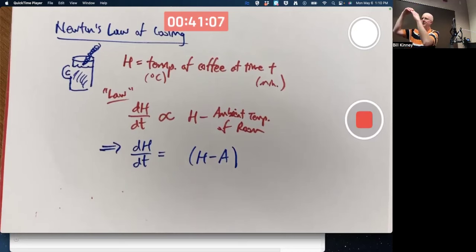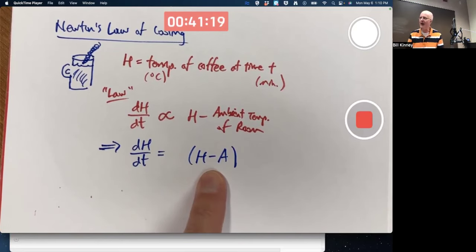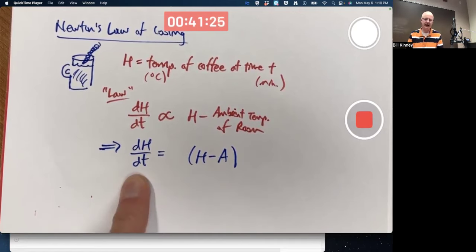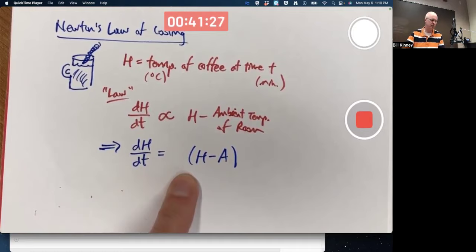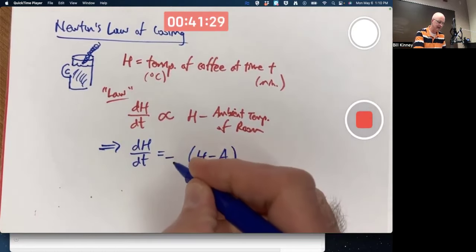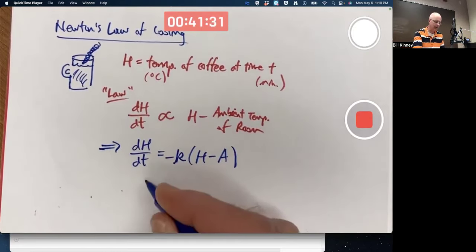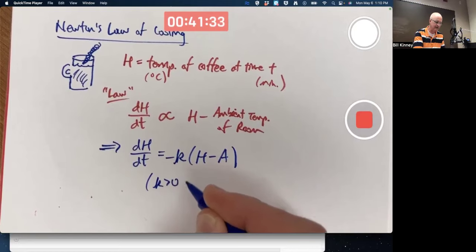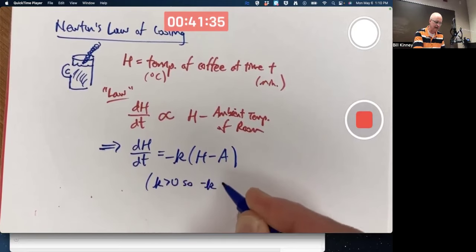If you graph the temperature versus time, it will be cooling down, so it'll be decreasing. The slope, the derivative, will be negative. H minus A, when H is bigger than A, is going to be positive. I want that to be negative, so this better be a negative constant of proportionality. Call it negative k. And once again, k itself is positive, so negative k is negative.